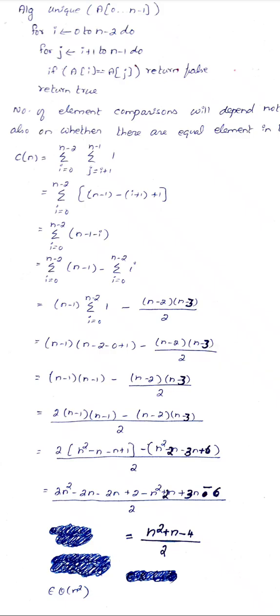Then instead of I, we use upper bound minus lower bound.